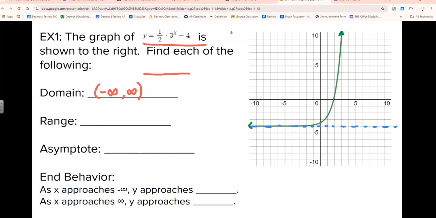That fancy A word. We have a horizontal asymptote, right? At -4, we're getting closer and closer to -4, but we never actually reach it. So we want to use a parenthesis, -4. We don't use a bracket because we're not including it. What's the highest I go on the y-axis? Positive infinity. This one goes up forever.